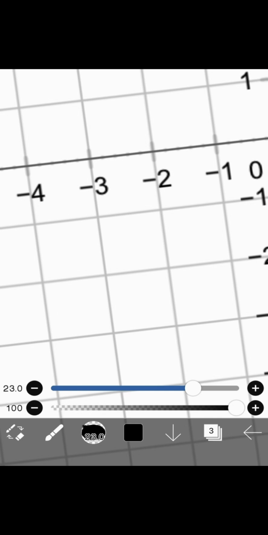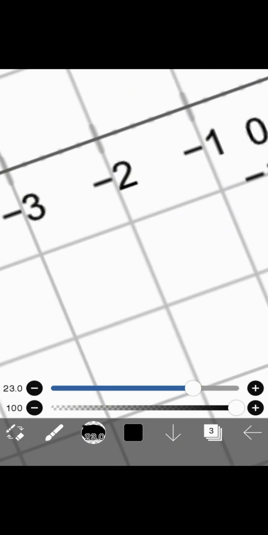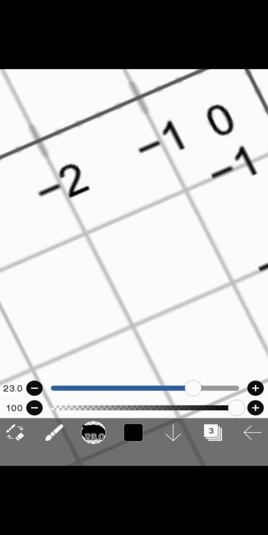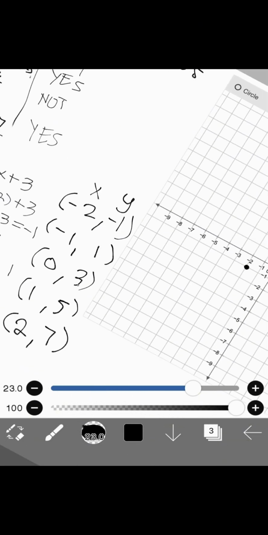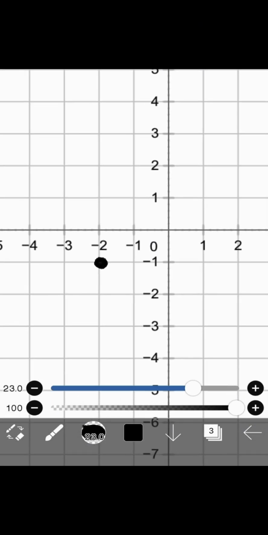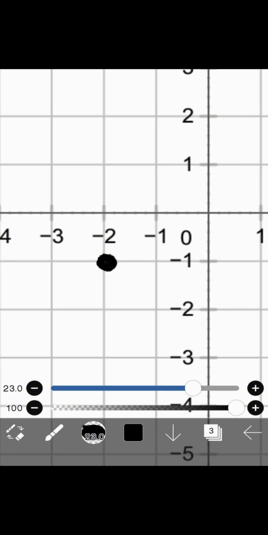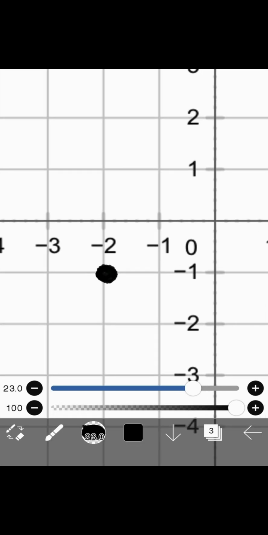This is the x, so we find the negative 1, which is here. Then our next one is negative 1 and 1. This is the negative 1 on the x-axis, so we go to where its pair is, which is the positive 1 on the y-axis.